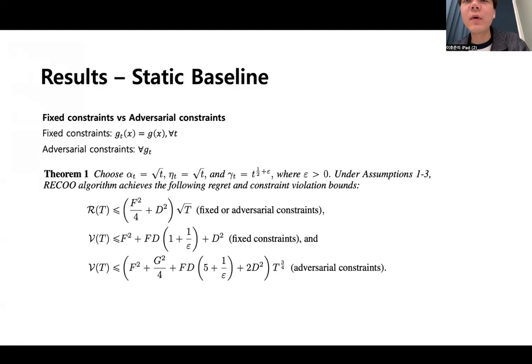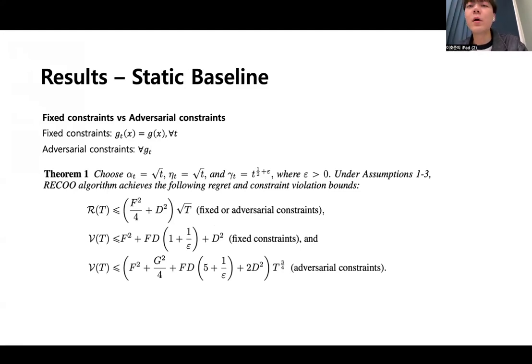We can divide the situation into 2 cases. One is the fixed constraint case, where the constraint does not change with each round. The other one is the adversarial constraint case, where the constraint can be set arbitrarily, which means it can be set adversely in each round.